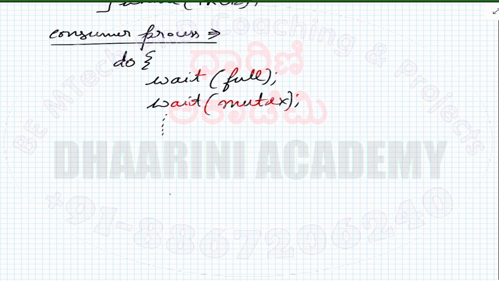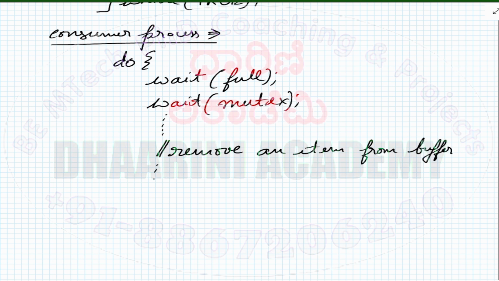Now you can access that. So how do you do that? You can write a code that corresponds to remove an item from buffer, right? This part of the code is responsible for that.